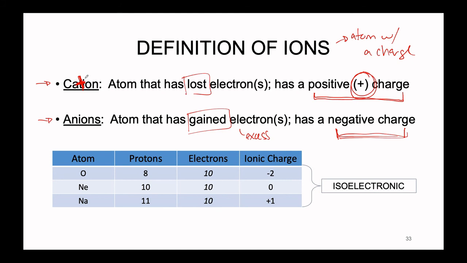Now, a second mnemonic that you can use to remember that cations are the species that have the positive ionic charge is that a cation is paws-itive, right? Cats have paws, cations are positive.